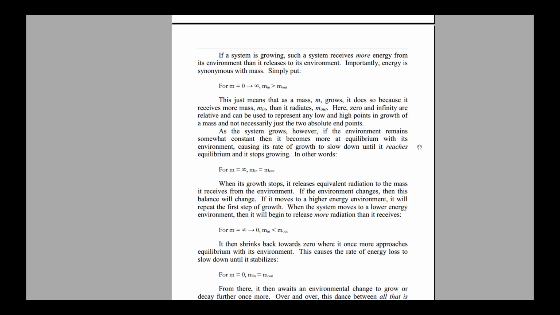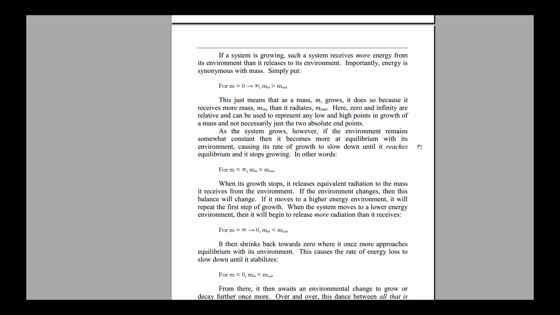This just means that as a mass m grows, it does so because it receives more mass in than it radiates out. Here, 0 and infinity are relative and can be used to represent any low and high points in growth of a mass, and not necessarily just the two absolute endpoints.